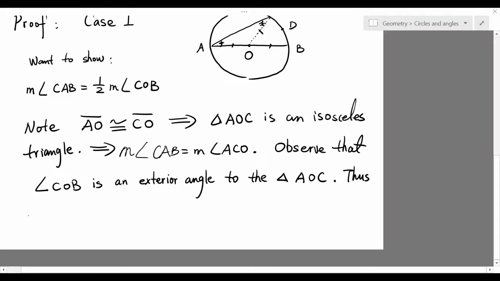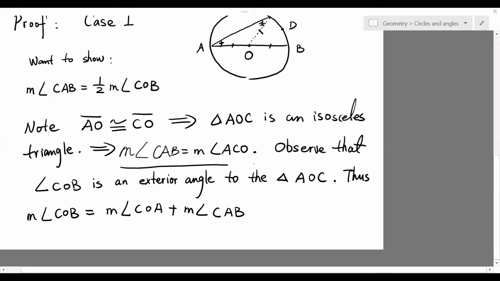As a consequence, the measure of this exterior angle is equal to the sum of the measures of those two non-adjacent interior angles of the triangle, namely the measure of angle COA and the measure of angle CAB.